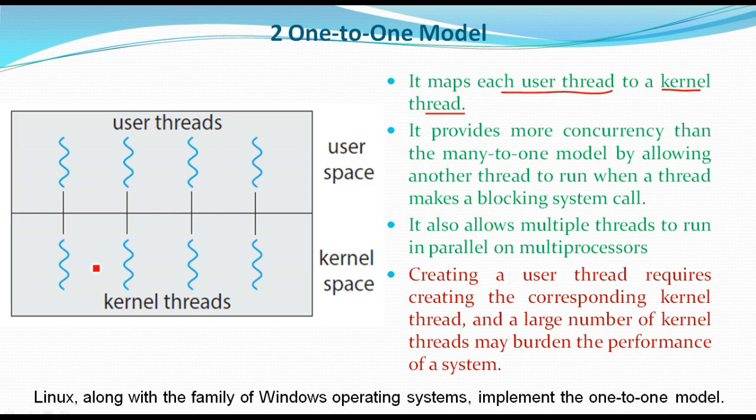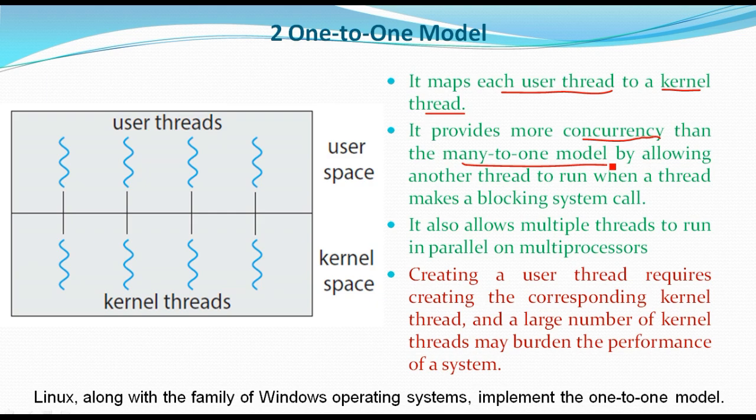It provides more concurrency than the many to one model. The disadvantage we had in the many to one model, many user threads but only one kernel thread, can be eradicated in this model.